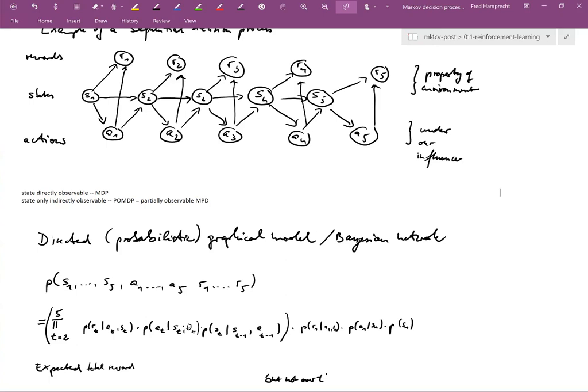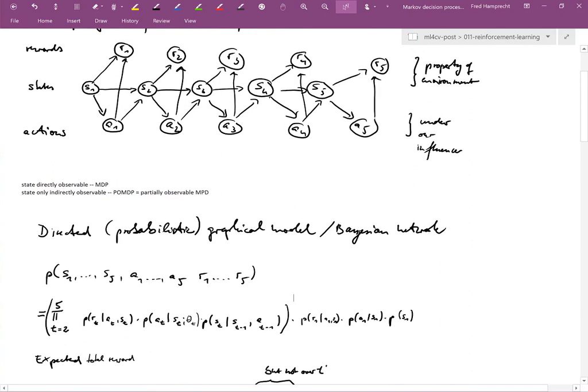In the case of directed probabilistic graphical model, we can factorize the joint probability. So here the probability of all states and all actions and all rewards, they're all treated as random variables here. We can factorize this into a number of factors where each random variable only depends on its parents. So for each random variable, we look at what are the incoming arrows, and then we need to condition a random variable only on its parents, but not on its grandparents, and so on. Yeah?